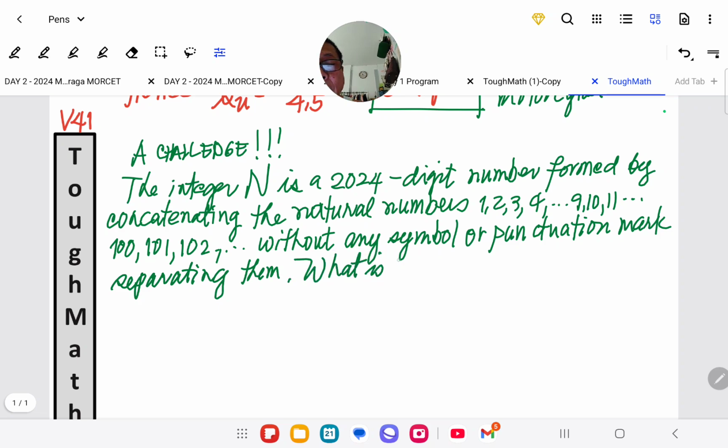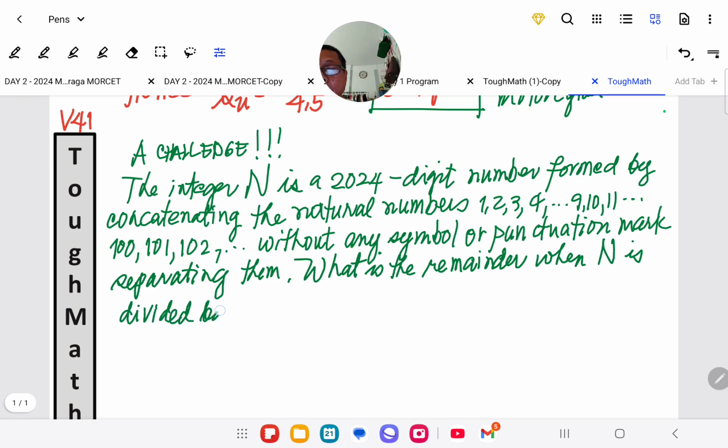What is the remainder when n is divided by 9?